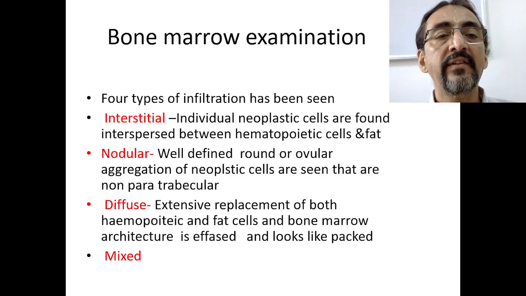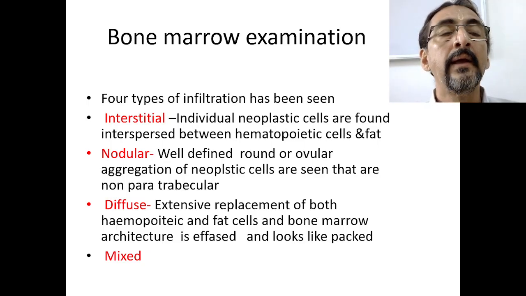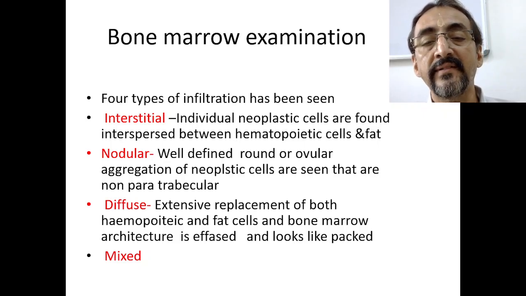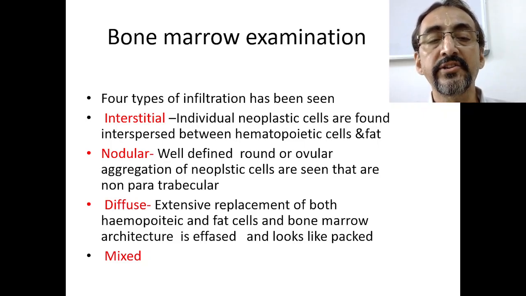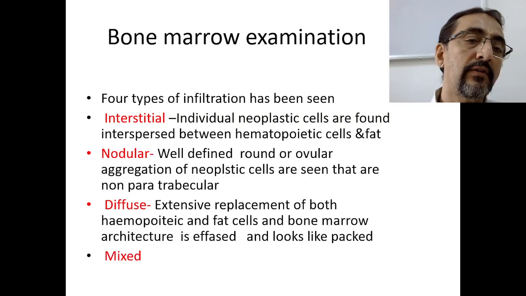Nodular infiltration is well-defined round and oval aggregations of the neoplastic cells that are non-paratrabecular. Diffuse infiltration is extensive replacement of both hemopoietic and fat cells, and the bone marrow architecture is effaced and looks packed. And the last one is mixed, where all 3 types are seen.